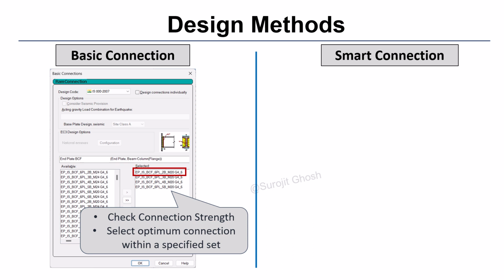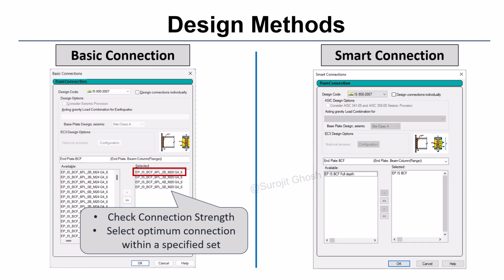For optimization, we need to use smart connection. Here, no other connection information is required except the connection type, like it is a beam column flange in-plate connection designed with IS 800-2007.